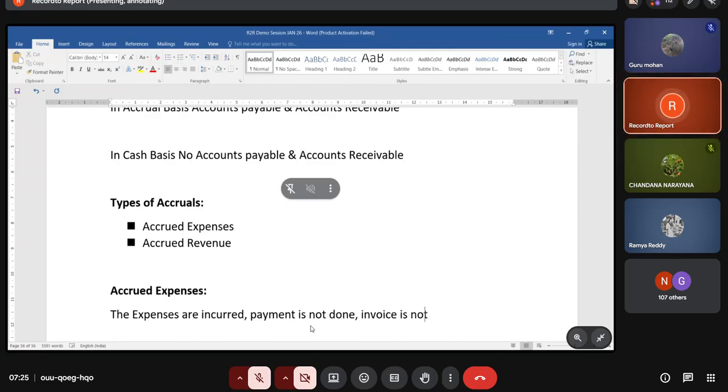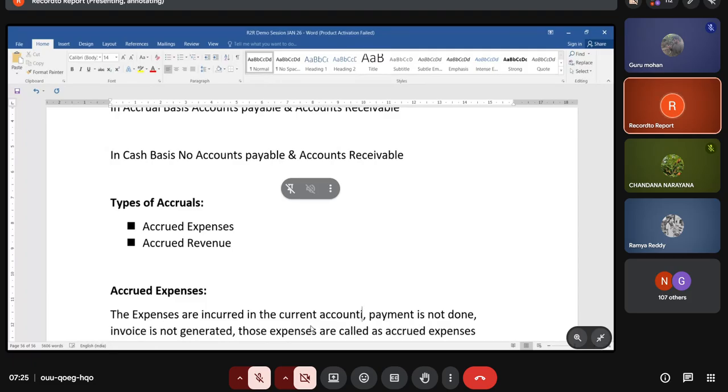Invoice is not generated. Those expenses are called accrued expenses. The expenses are incurred in the current accounting period, payment is not yet done, and the invoice is not generated.